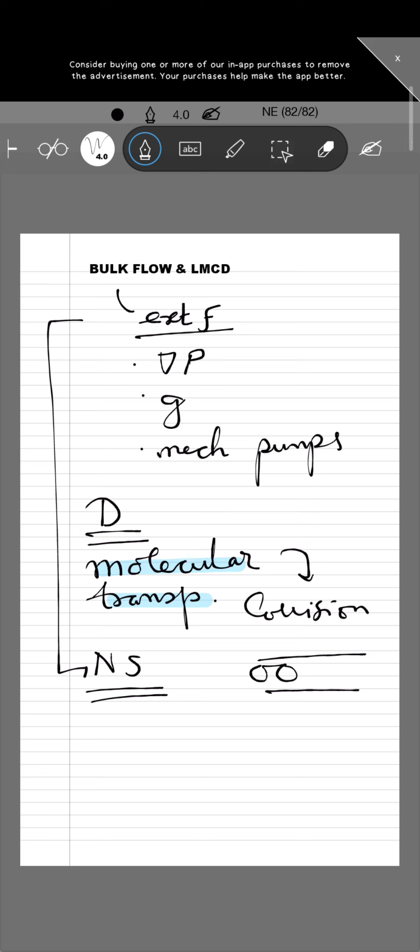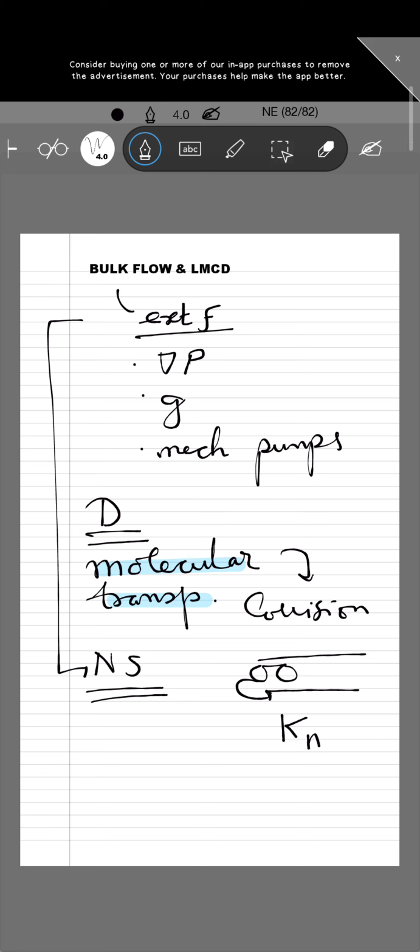However, if the molecules are not colliding with each other, and are mainly colliding with the walls of the container, that type of flow is called Knudsen diffusional flow. We will come back to that in later lectures, but today we will mainly focus on bulk flow and LMCD flow.